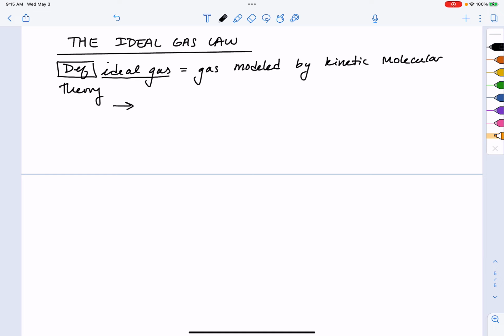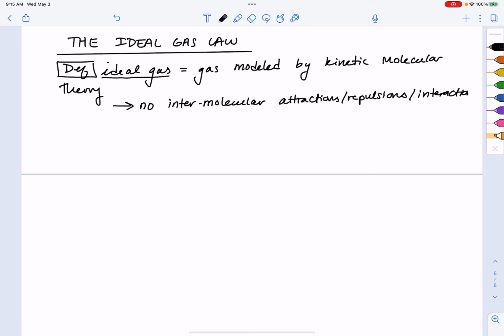But more importantly, when we're thinking about an ideal gas, we're thinking about there being no intermolecular attractions, repulsions, interactions that are happening between gas particles.